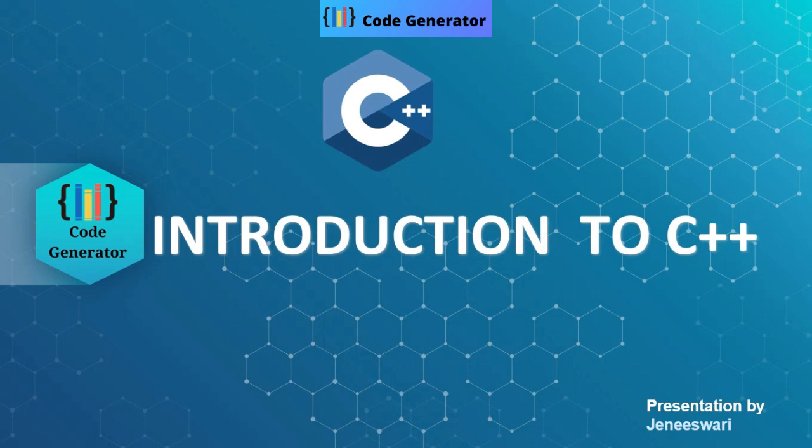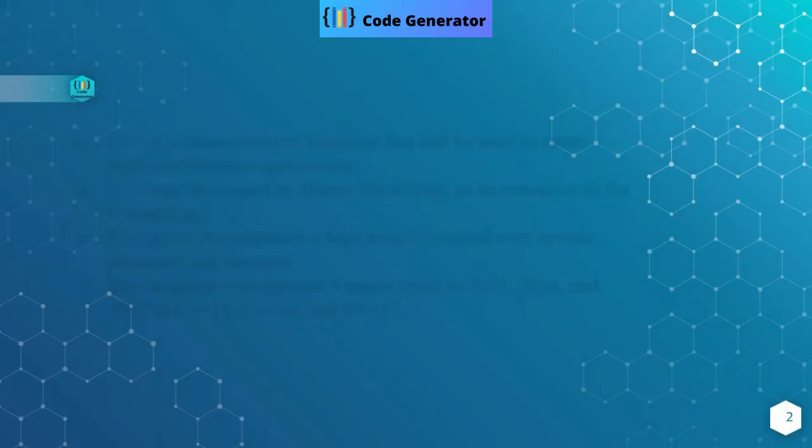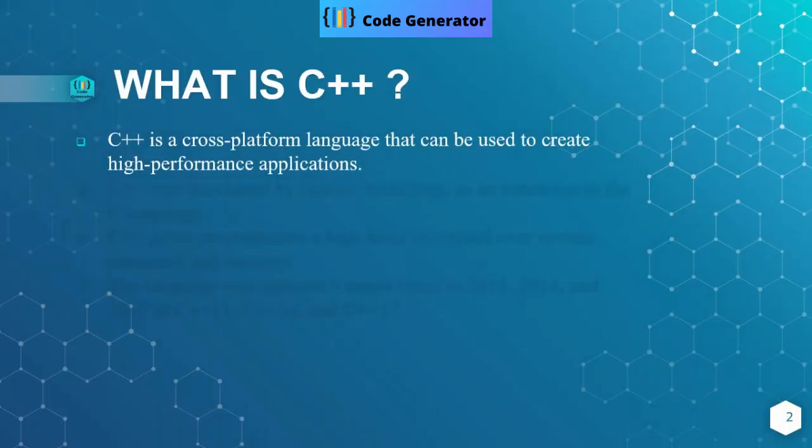C++ is a general purpose programming language which was created as an extension to C programming. So, what is C++? C++ is a cross-platform language, which means we can compute and execute the same code in different operating systems such as Windows, Mac or Unix.